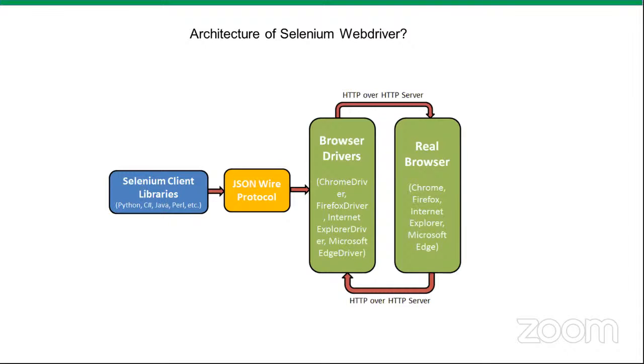JSON Wire Protocol is basically a legacy protocol that is no longer supported by Selenium; from version 4 of Selenium, we have a different protocol. It communicates using the JSON structure. After this communication, the browser drivers interact with the real browsers using HTTP. This is the high-level architecture of Selenium WebDriver.